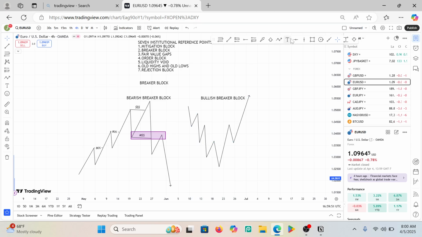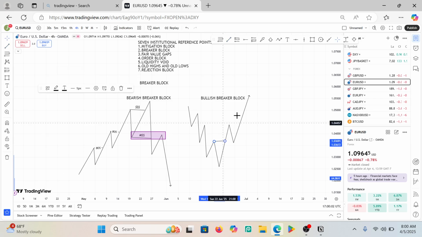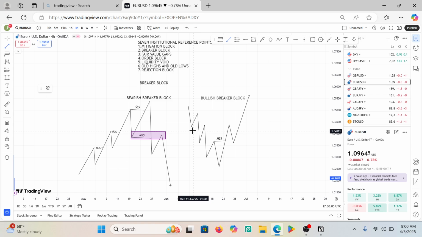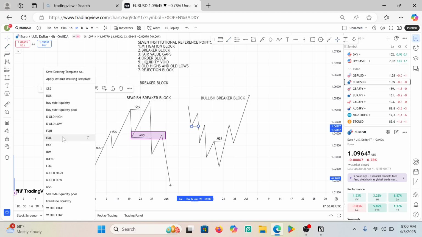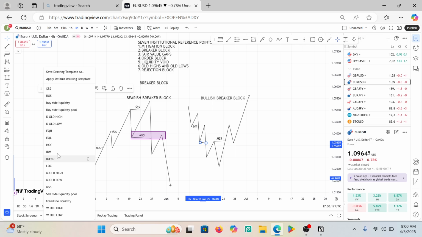You can see there's a market structure shift.